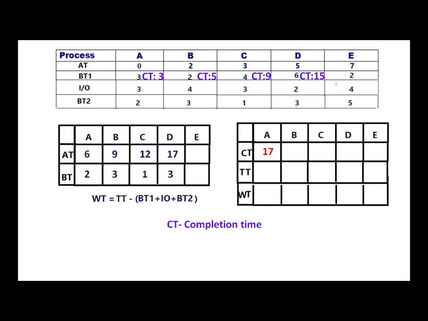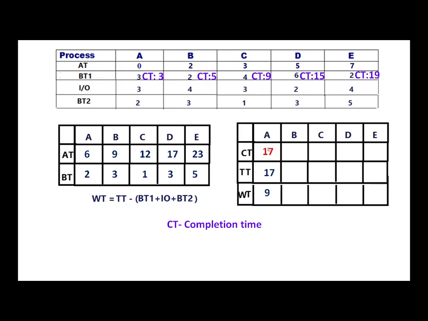E starts execution from 17 and its burst time is 2. So 17 plus 2, 19. So 19 is the completion time of the first burst time of E. And as usual, 19 plus 4, which is 23, is the new arrival time of E.